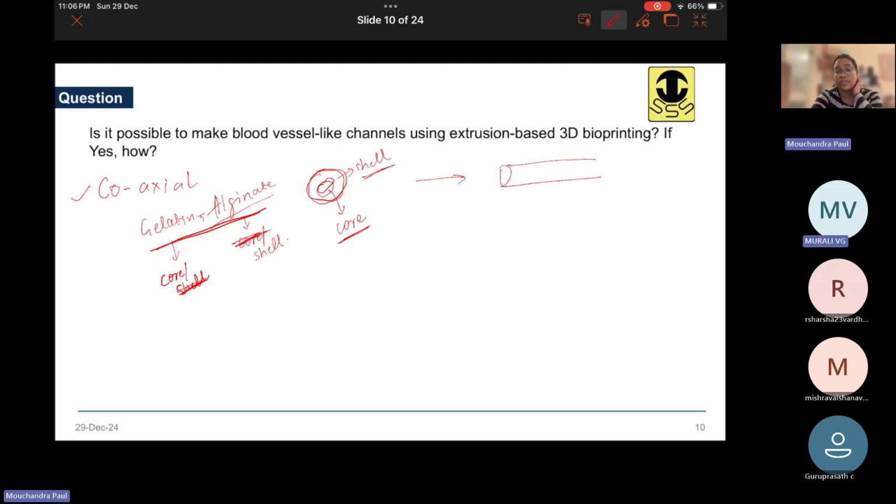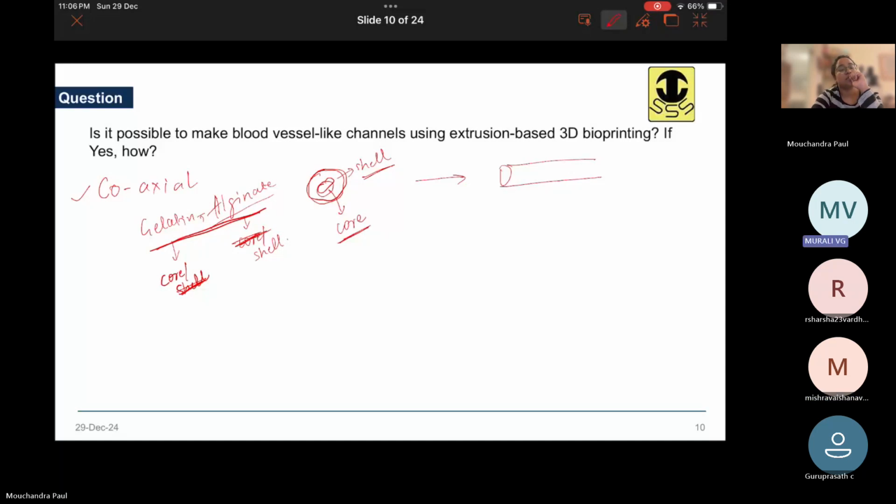But again, alginate is much more rigid after it is cross-linked. So how will you cross-link the alginate that is flowing inside the shell so that you get a stable hollow structure? From where will the calcium chloride ions come in this configuration? You got my question?